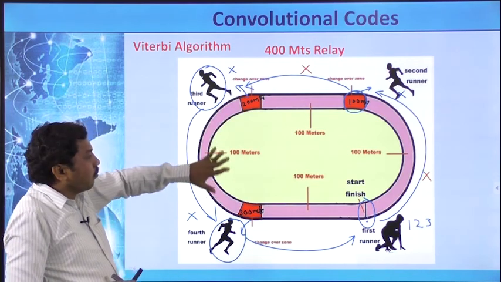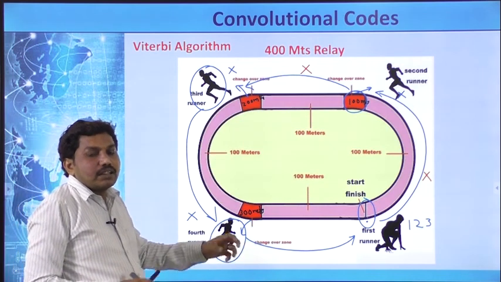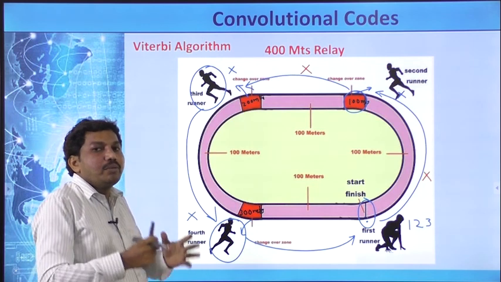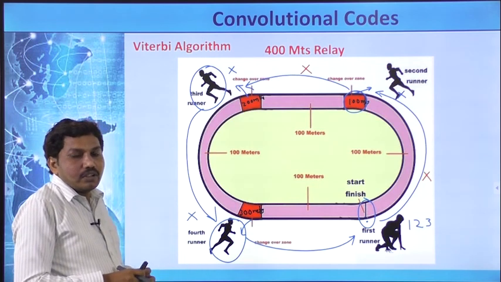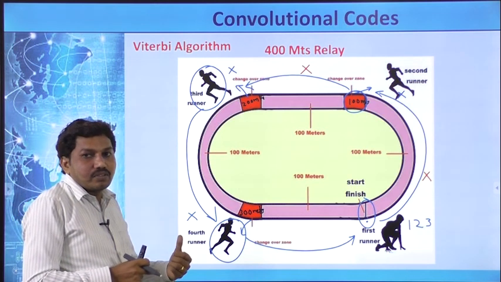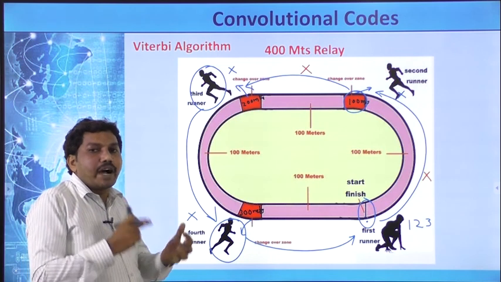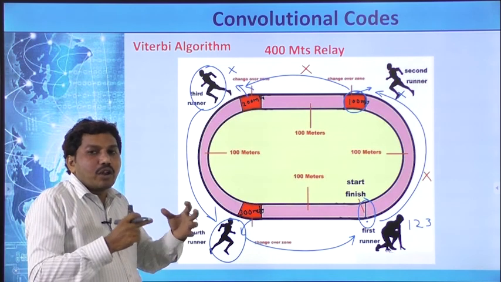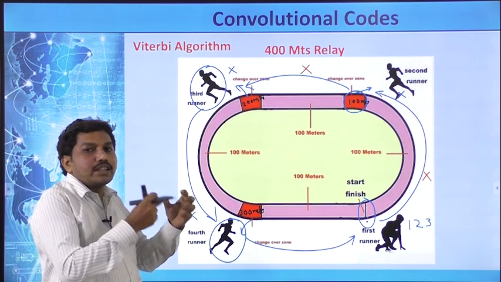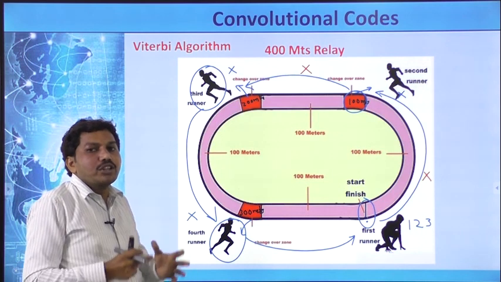So if more than one team completes the race, then the team that takes less time will be the winner. If only one team completed the race, then that team is the winner, right? Surviving path means if more than one path is there from starting node to ending node, the path which has the least metric is considered to decode the message bits.